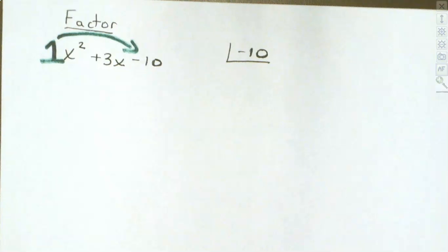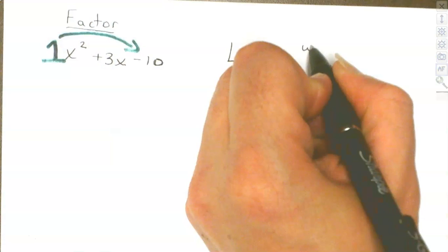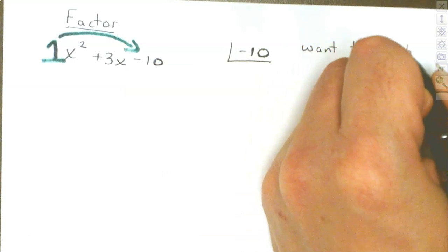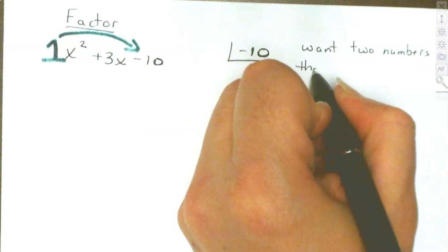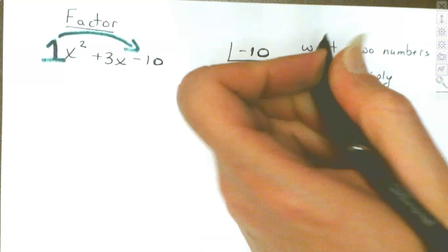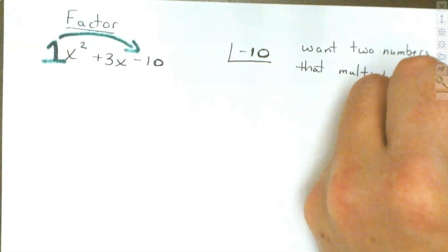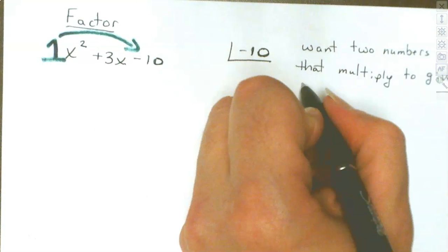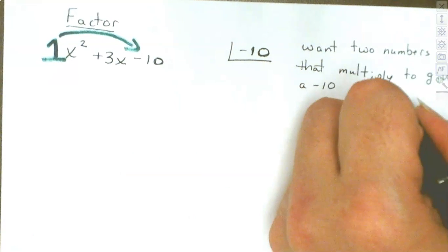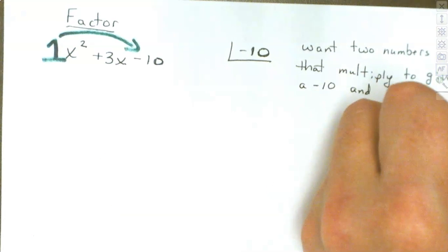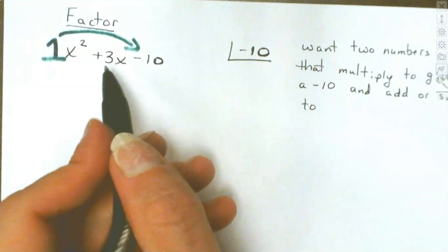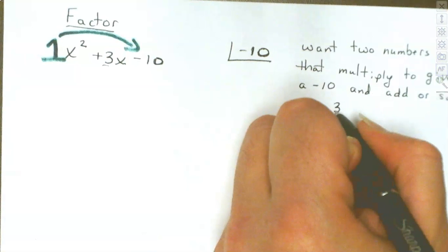Now, here is what we want. We want two numbers that multiply to give a negative 10 in that box, and add together or subtract to give me that 3 in the middle.